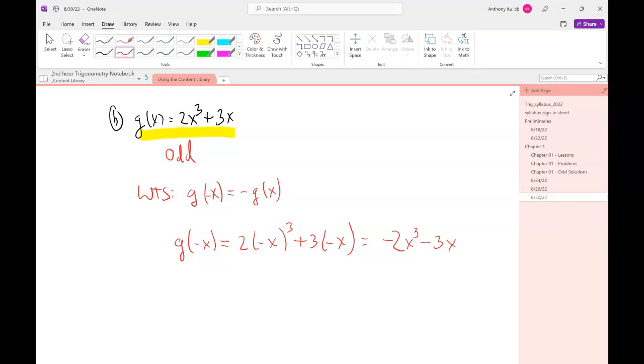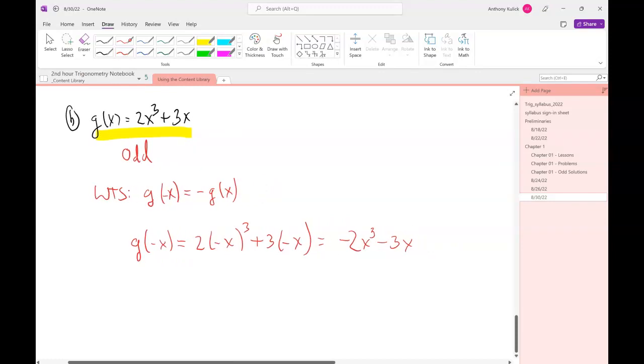Everybody's cool so far? And I'm trying to get to negative g of x. So let's start by factoring a negative sign off. When I factor a negative off, everything that was negative now becomes positive, and everything that was positive becomes negative.